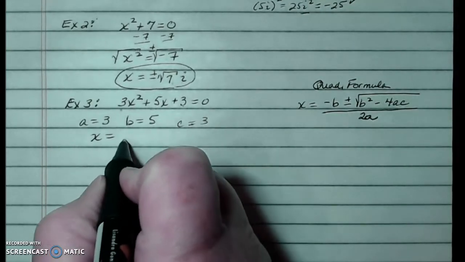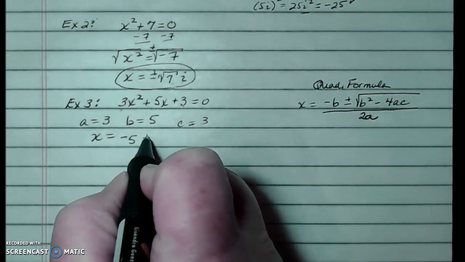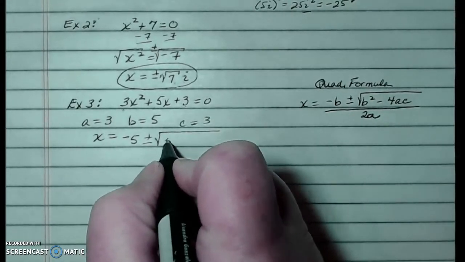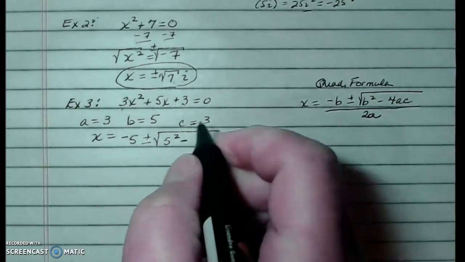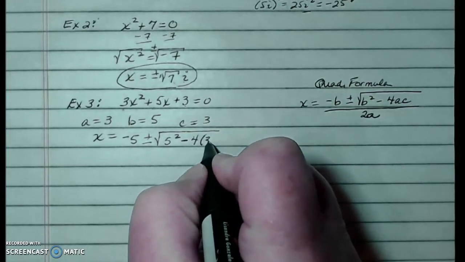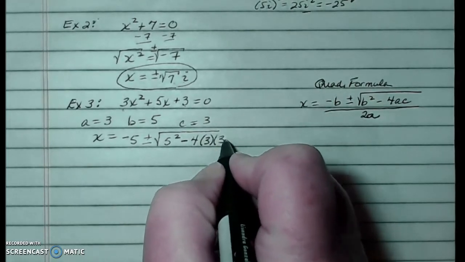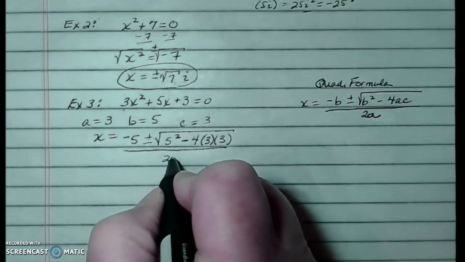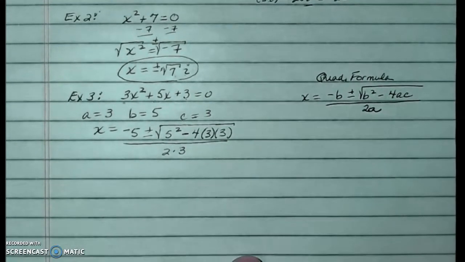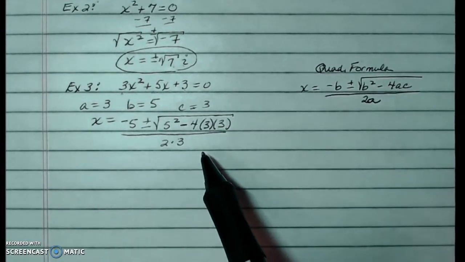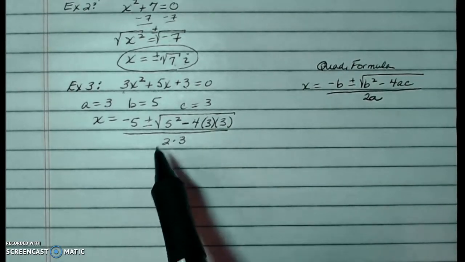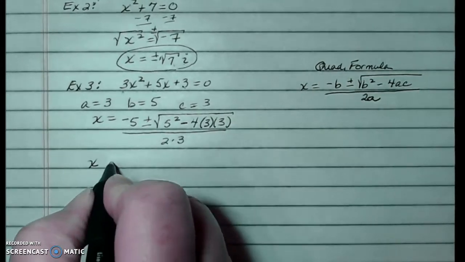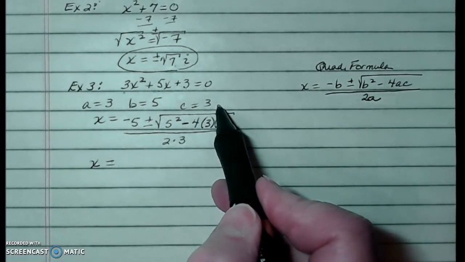So x equals the opposite of b plus or minus the square root of b squared, so that's 5 squared, minus 4 times a times c, all over the quantity 2 times a. And it's very important, especially when you're taking an assessment in this class, if you're submitting the written work, please show your substitution so I can verify that you substituted properly and you identified a, b, and c properly.